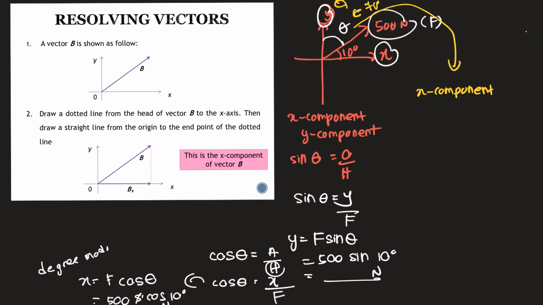So your x component will be S equals F sine theta, because like I mentioned before, the adjacent and opposite already changed. That's the reason why you get S as F sine theta, and for y you are going to get F cos theta.